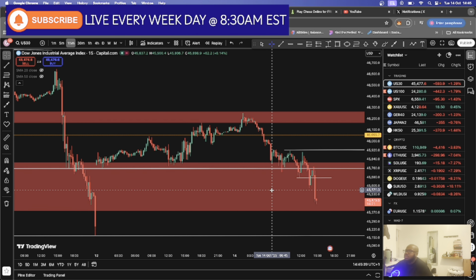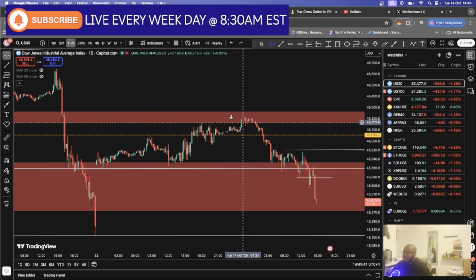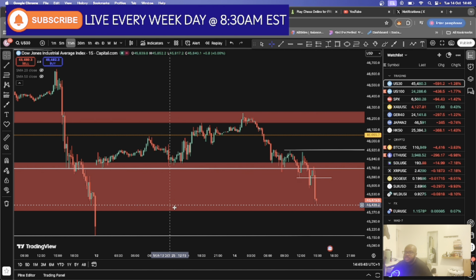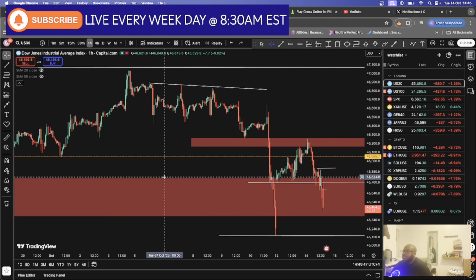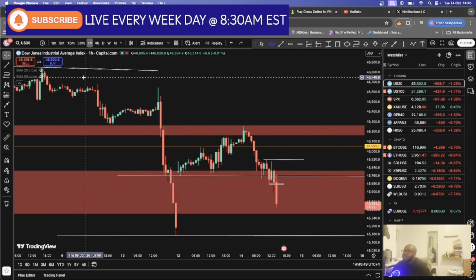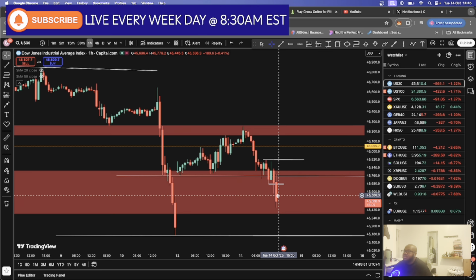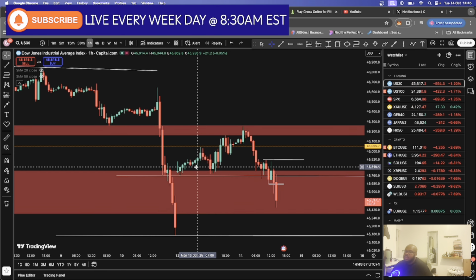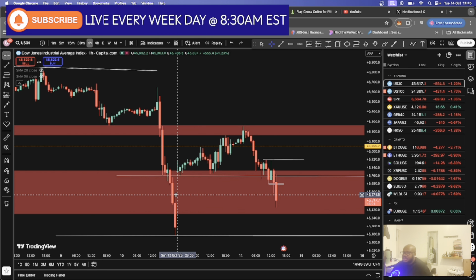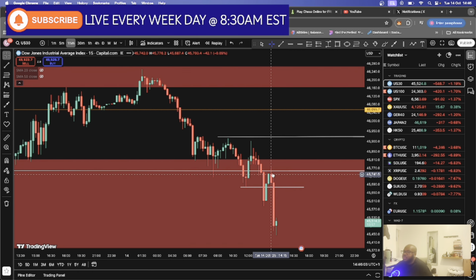You can't catch every single trade. What I do want to say though is, even if we do get a rally, we need the market to close above here, and I just don't see it happening. At least we can say we've closed the gap, but the market's got a lot to do for it to close above here from where we currently are.